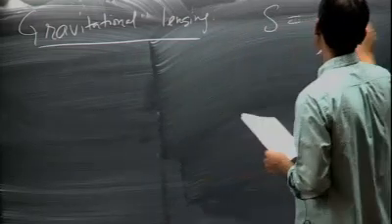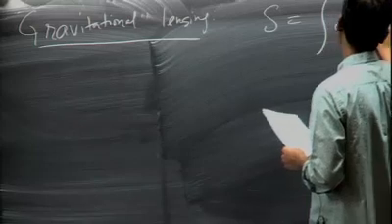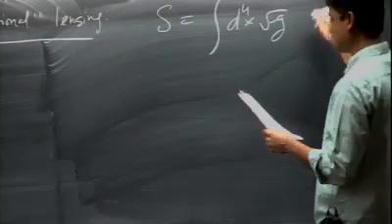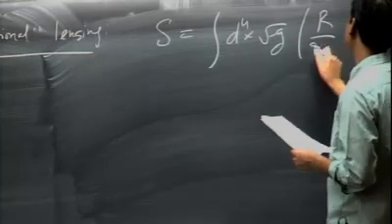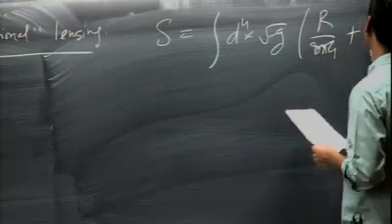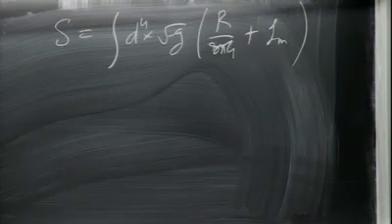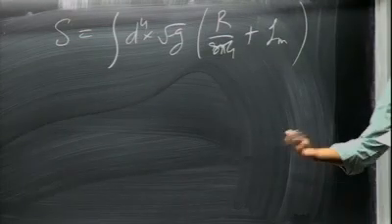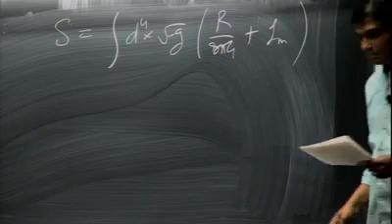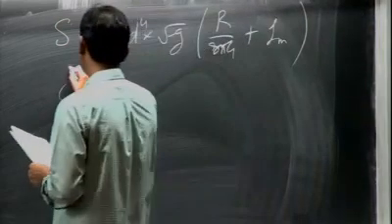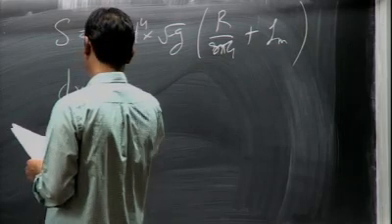So you start with the action, but he'll talk more about lensing tomorrow. He briefly mentioned that you can vary this action with respect to the coordinates, and you're going to get the geodesic equation. I'll write it down here.